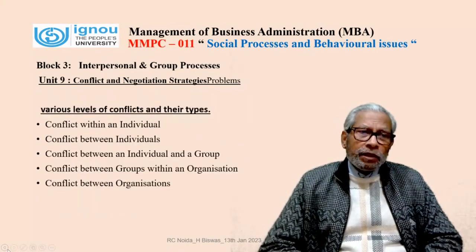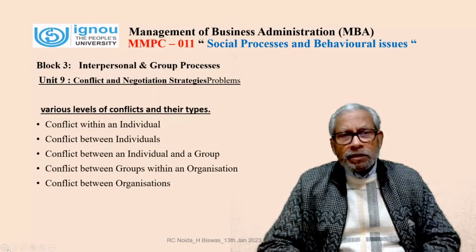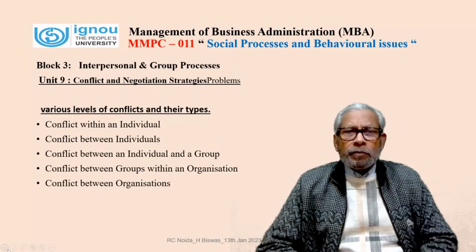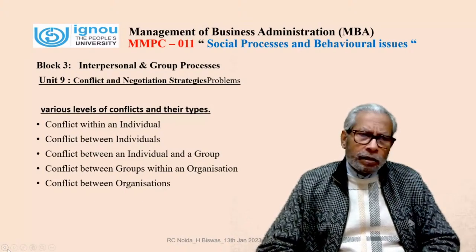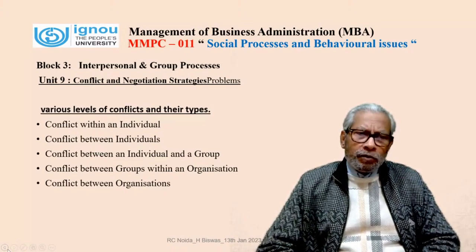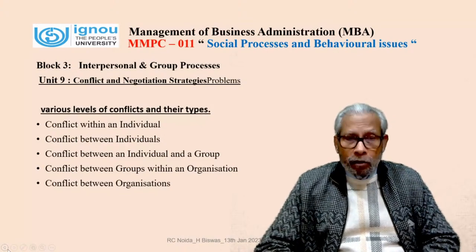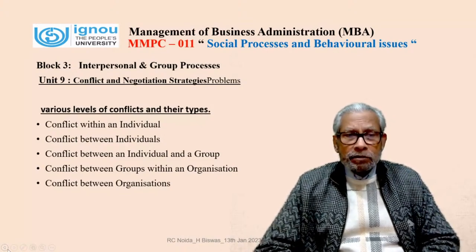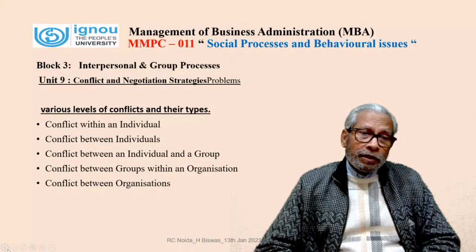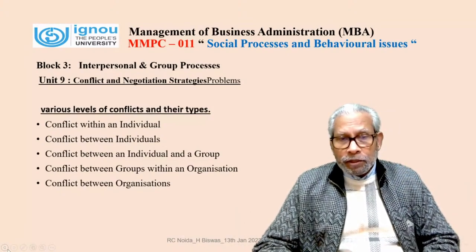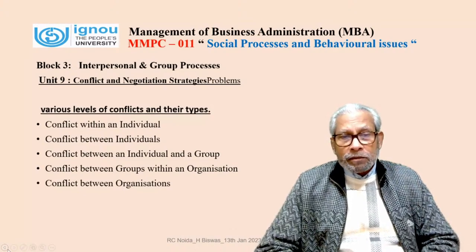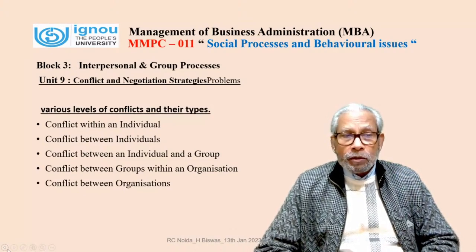So conflict can occur at various levels. There is conflict within the individual, conflict between individuals, maybe more than one person, and conflict between an individual and a group, where one person is fighting totally against a group.